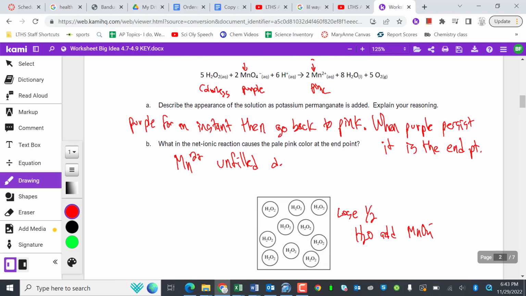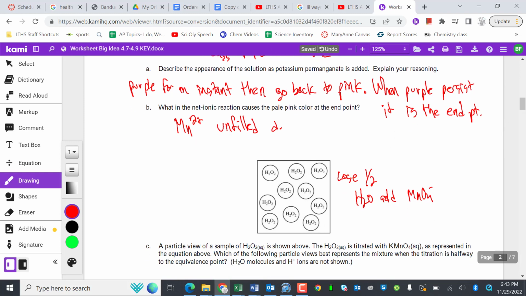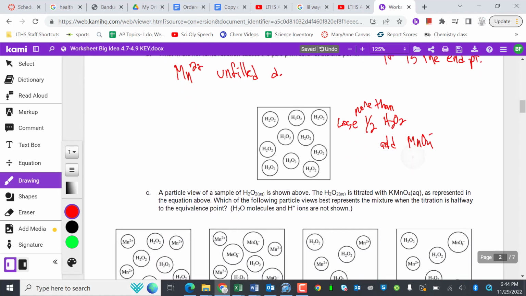So I'm looking at these coefficients and I'm being kind of lazy. So I'm going to lose more than half, right? Lose more than half of the H2O2. And then I'm going to add MnO4. Okay, so let's take a look.